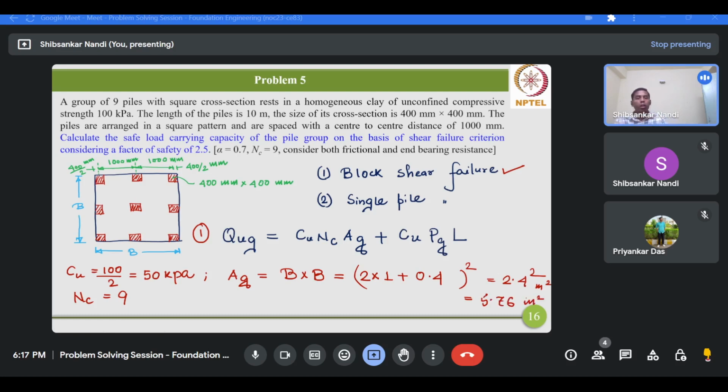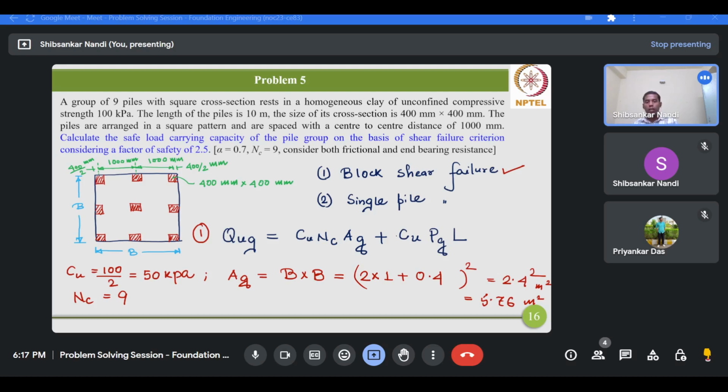So right now we are considering block shear failure. Therefore we are dealing with the overall cross section area of the block, and for calculating surface area it will be the whole perimeter of the block multiplied by the length of the pile. That will give you the surface area of the block.